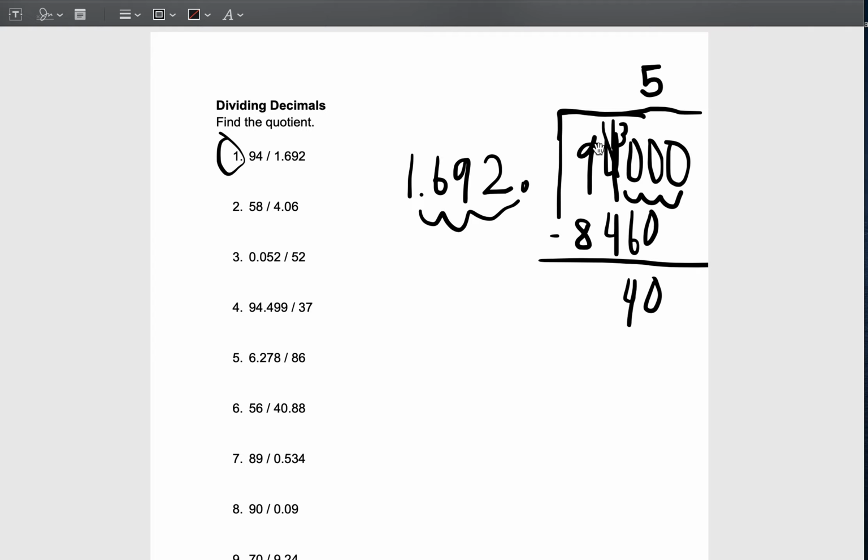Borrow from this, make this an 8. 13 minus 4 is 9. That's 940. Oh, it's 940 again. And then we bring down another 0. So it's 9,400 again.